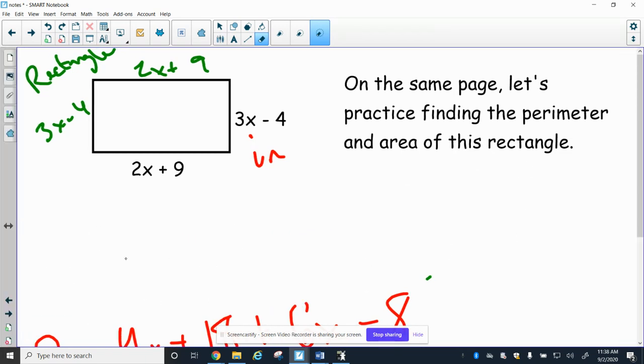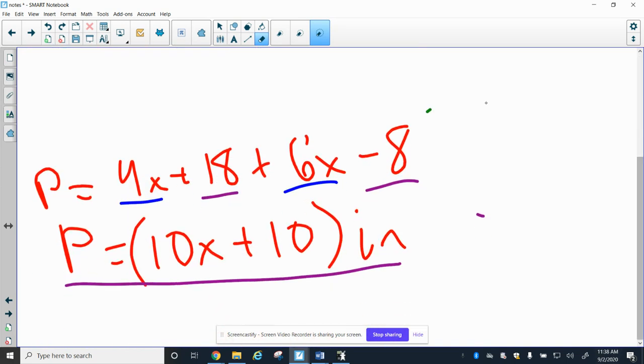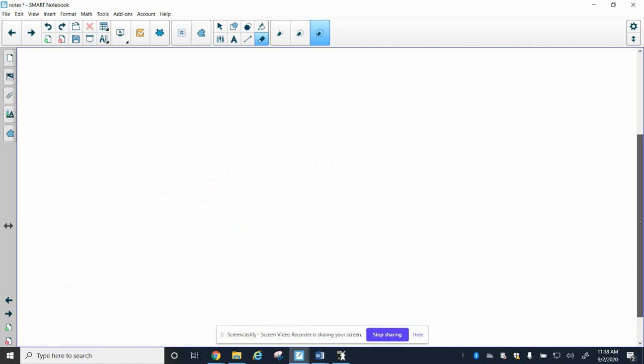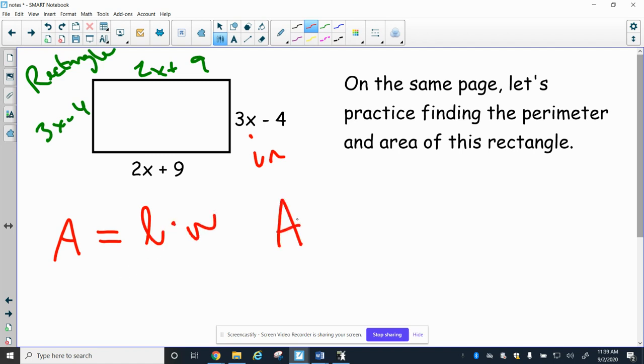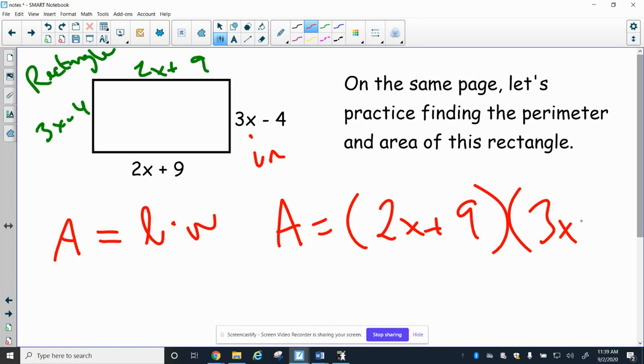So now if we're going to find the area of this rectangle, remember that's just length times width. In this problem, area would be these two sides multiplied together. We don't write it 4 times, right? Just these two sides. So 2x plus 9, parentheses around it, times 3x minus 4.